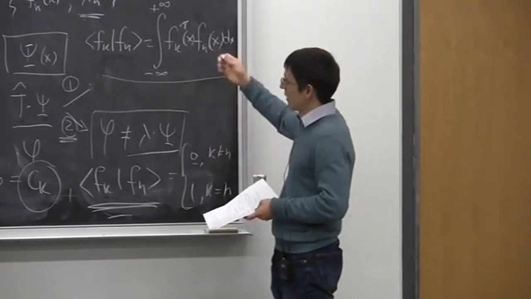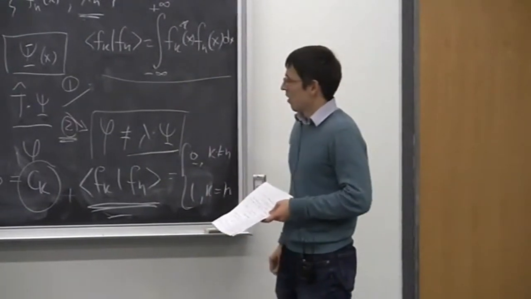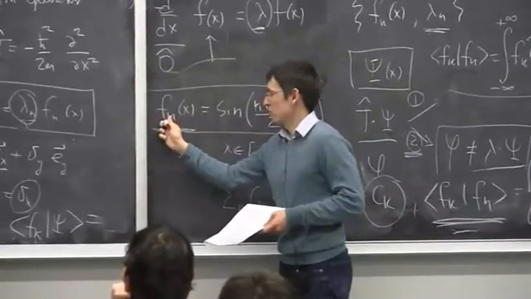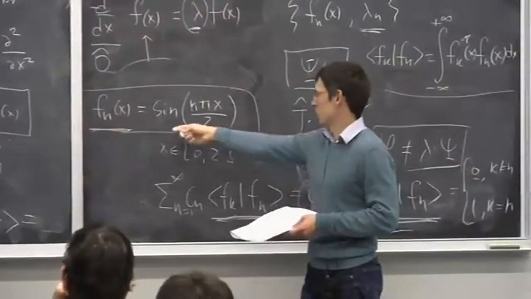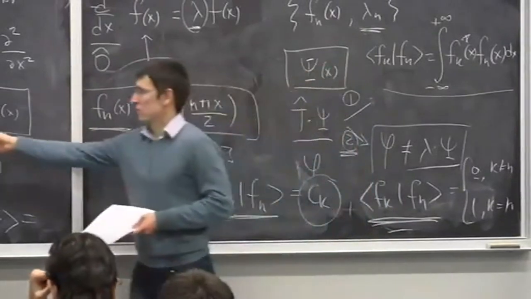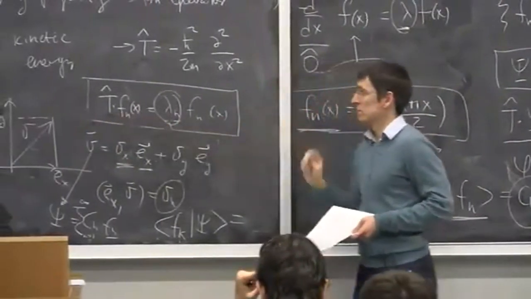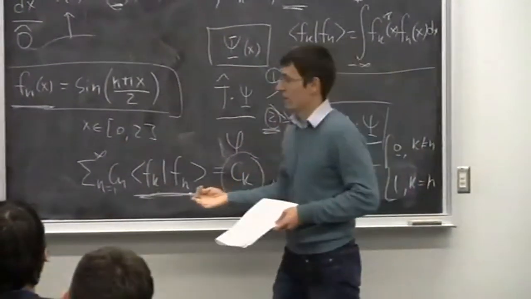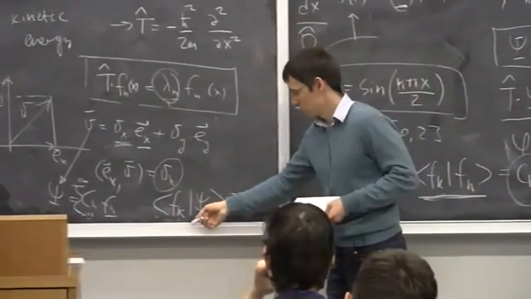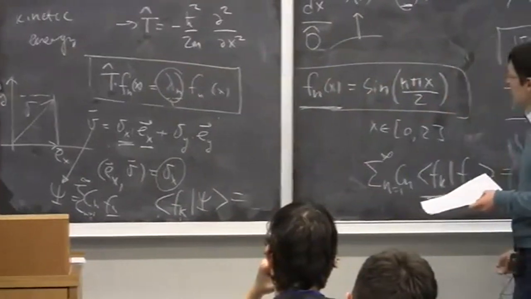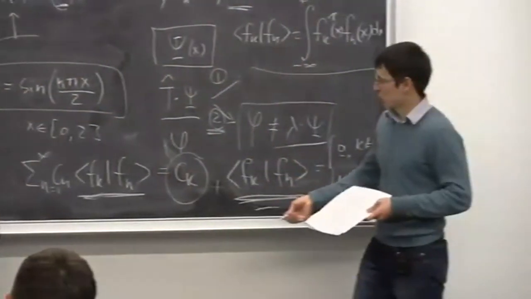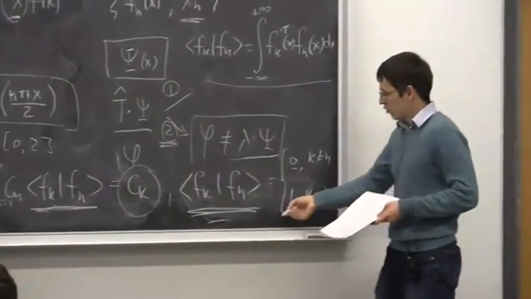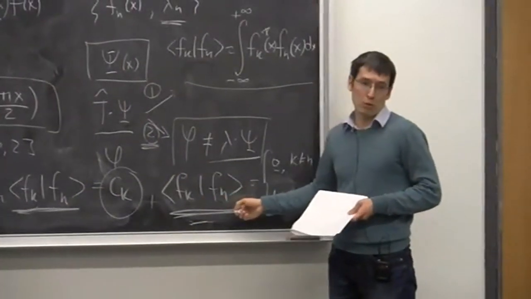Okay, once we've done that, we checked that the functions that I suggested are eigenfunctions of the kinetic energy operator, right? So it makes sense to expand whatever function you are given as a linear combination of those functions. But now to make the expansion this way, we need to make sure that the functions are orthonormal.